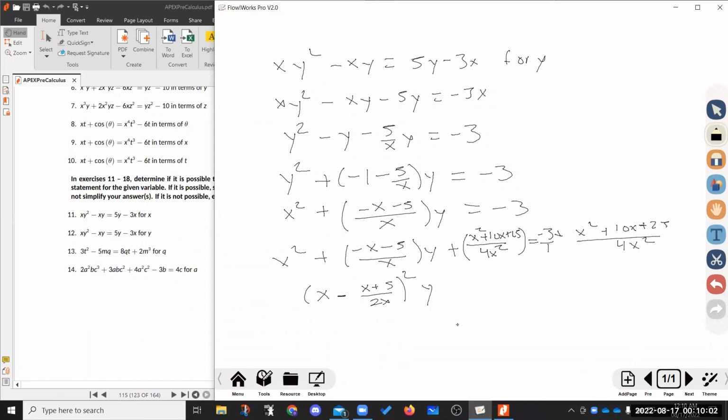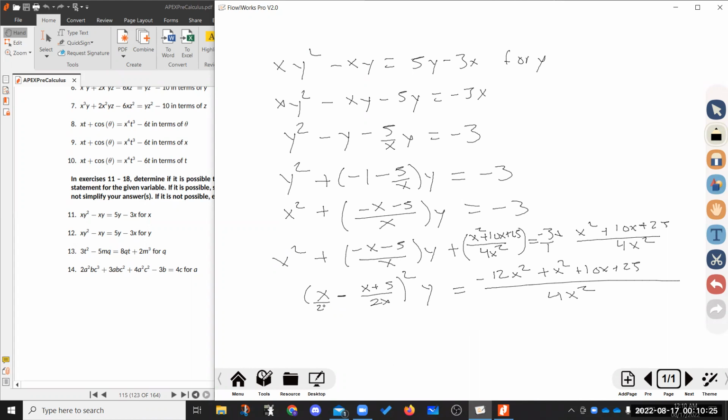Let's simplify that a little bit if we can in just a second. Equals, and then we're going to have -12x squared plus x squared plus 10x plus 25 over 4x squared.